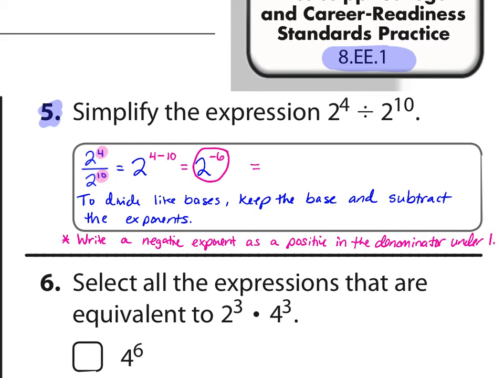So that's just quickly summarizing in my own words, but it's going to cross the fraction line and become 2 to the positive 6th power. And so it's simplified in that form.